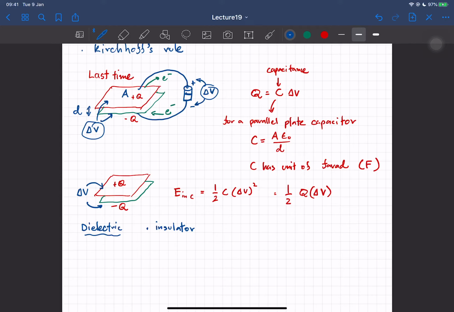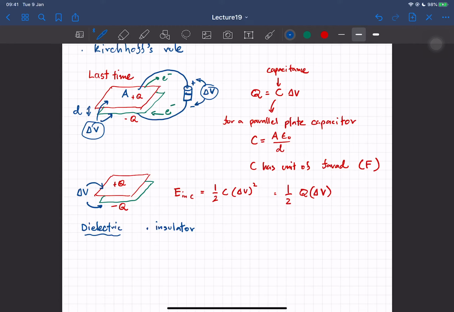Electrons cannot flow freely in a dielectric because it's an insulator, but it's not a pure insulator in the sense that there's no movement of charge at all. That's not really the case. It allows some movement of the charge.